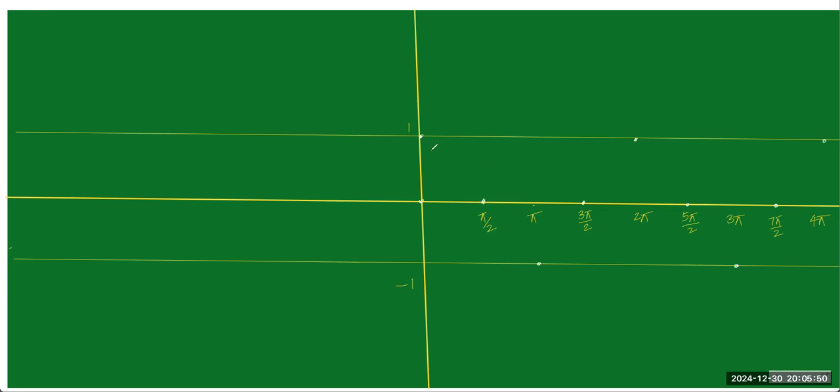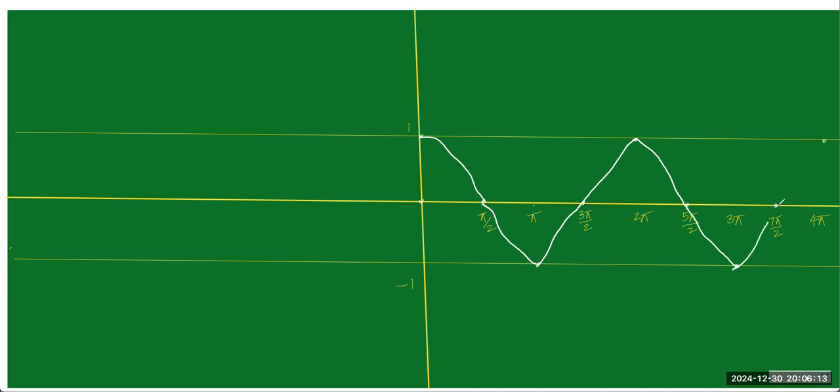First starting with 0 up to pi by 2. Then it is here, 0. Then it joins to 3 pi by 2. Then it is up to pi. Then 5 pi by 2. Then it is up to 0.